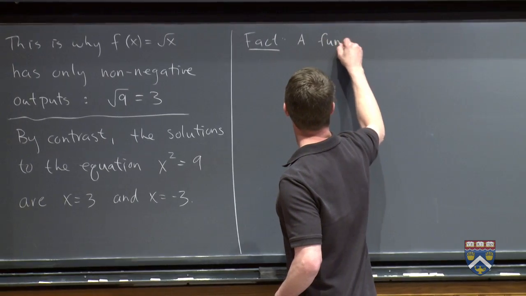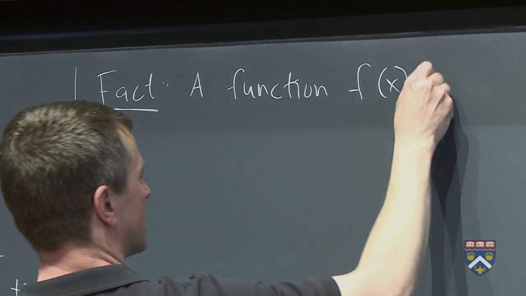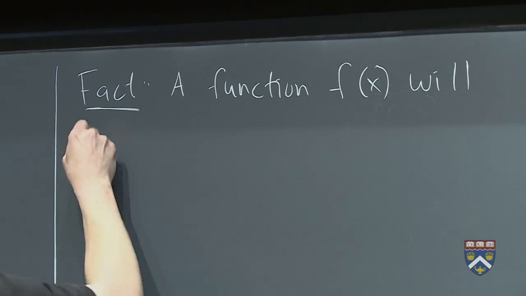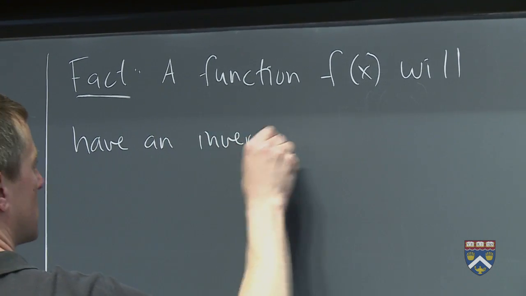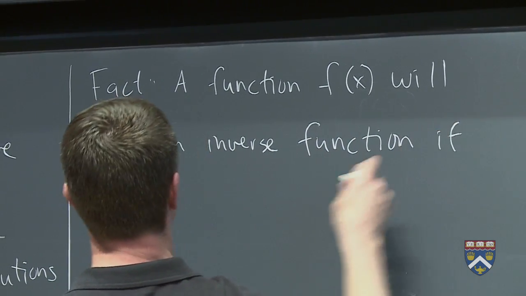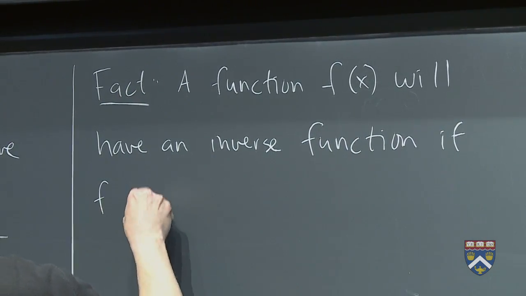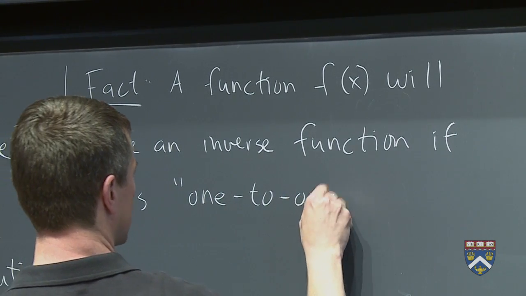So a function f of x will have an inverse function if f is 1-to-1.